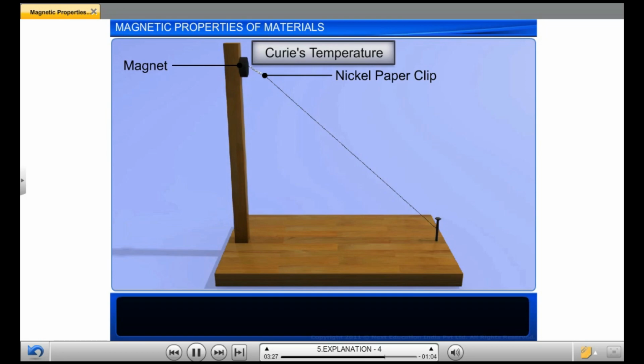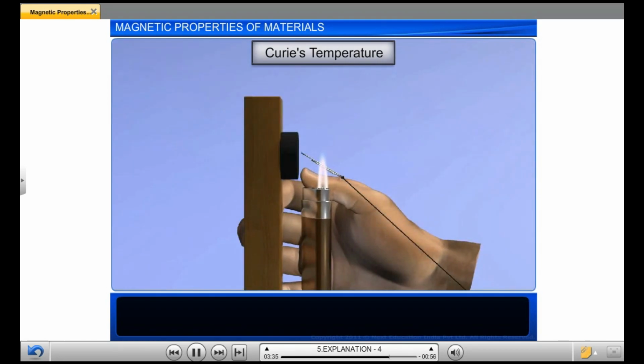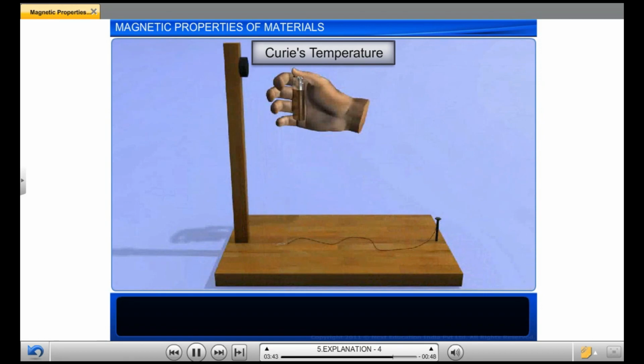Let the paper clip be suspended in air with the help of a magnet as shown. Now, heat the clip with a lighter to increase its temperature. At a particular temperature, the paper clip falls down.